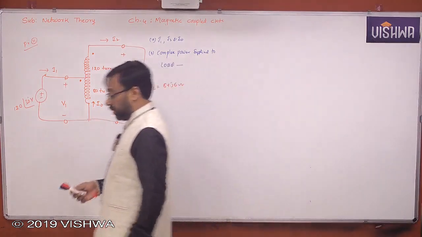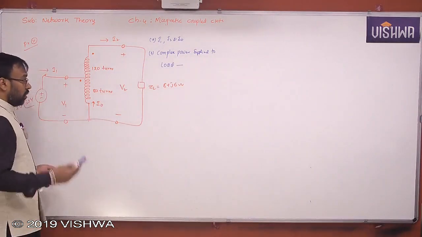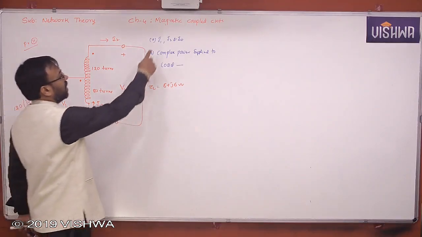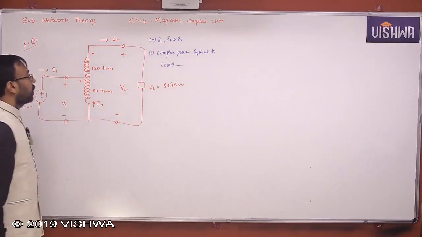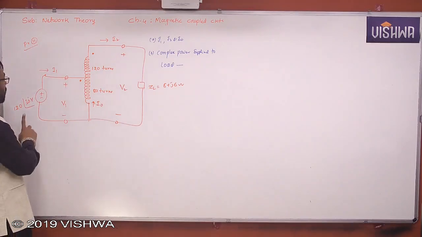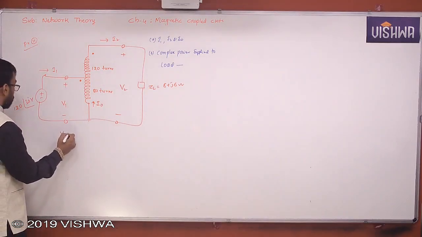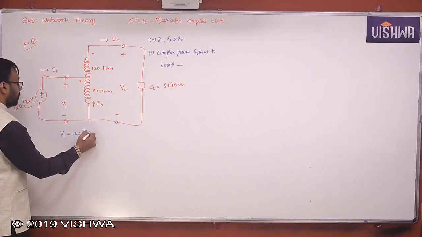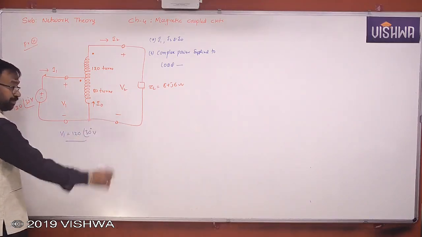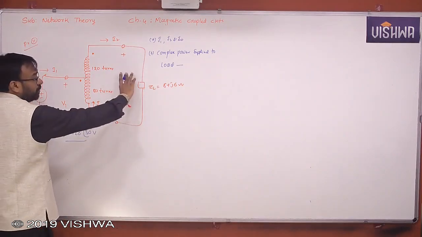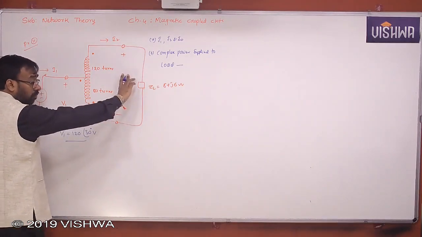I think you have noted down this question, right? I think it is available already in your classroom workbook. Now look at this. What is it asking? I1, I2, I0. What is the data given here? V1 is given. V1 is nothing but 120 at an angle of 30 degrees. This is available here. Understood? If you know V1, can't you find V2? Yes or no?